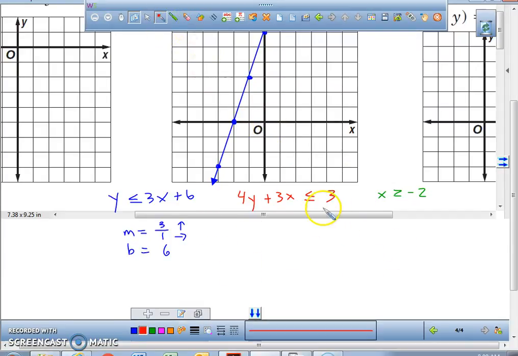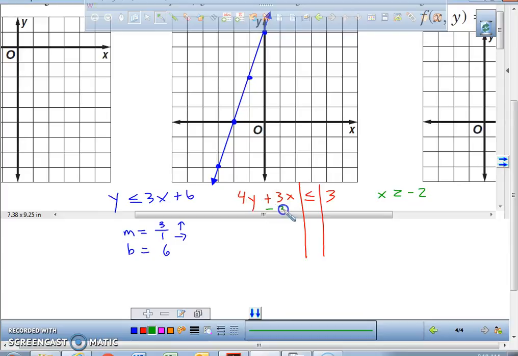So what's the first step that I would have to do? Get rid of the x. These are additive inverses and this zeroes out. We have 4y is less than or equal to negative 3x plus 3.